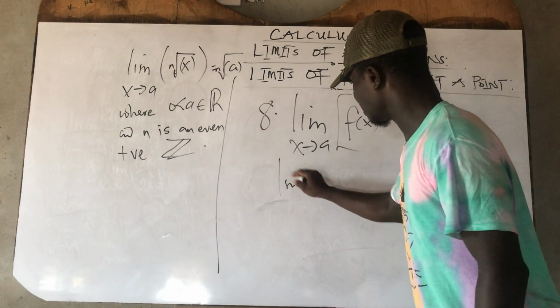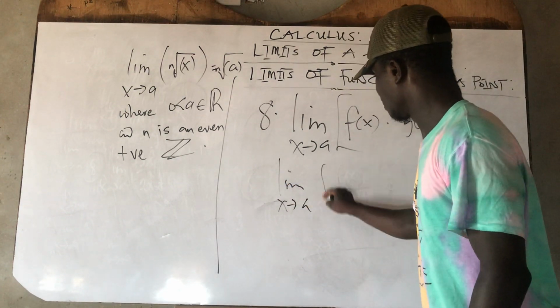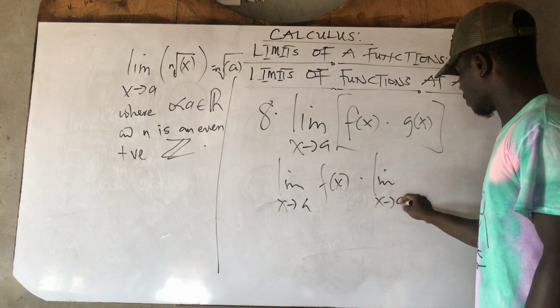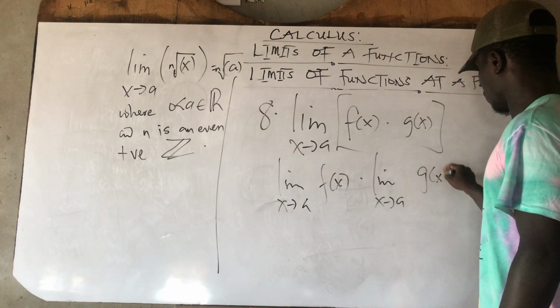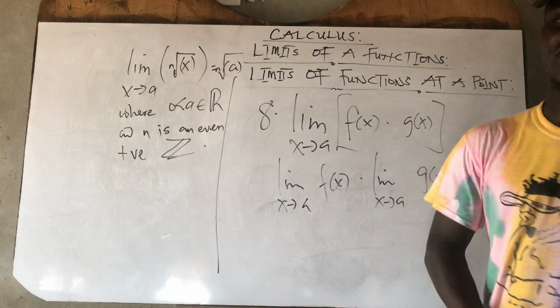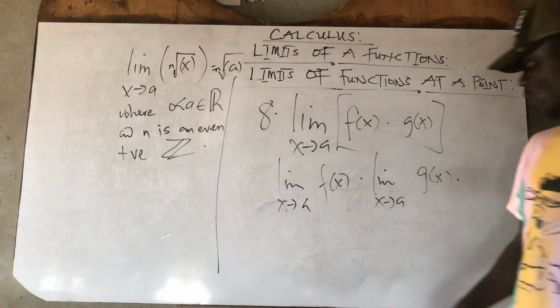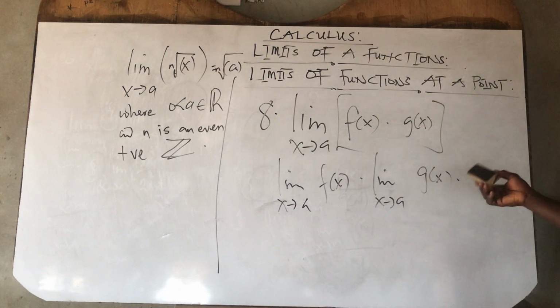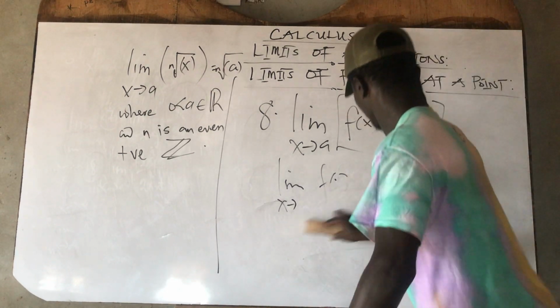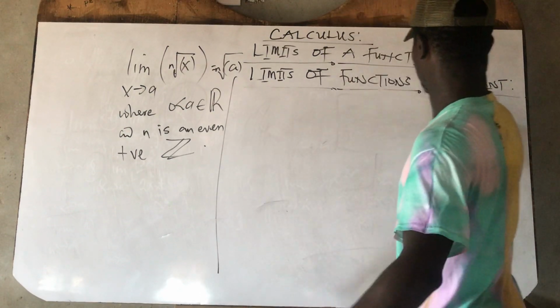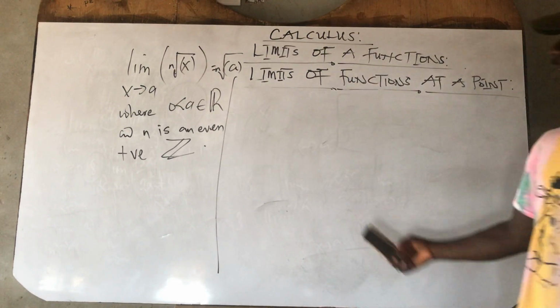So it is the limit as x approaches a of f of x times the limit as x approaches a of g of x. Very simple. All right, so that's the eighth rule. So we are done with the rules, right? So we take note of them properly.